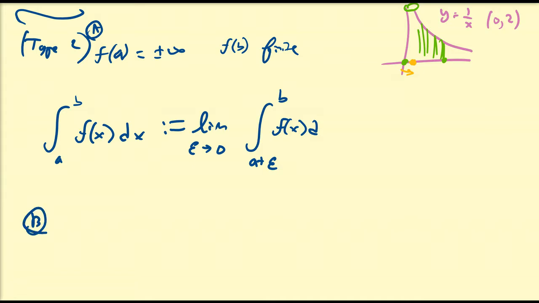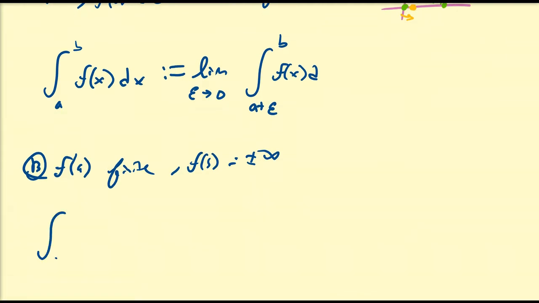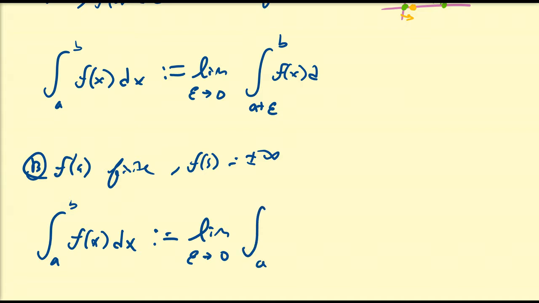Case B, let's assume f of a is finite, and f of b is infinite. If that's the case, we're going to define the improper integral of f of x dx to be equal to the limit as epsilon goes to 0 of the integral from a to b minus epsilon of f of x dx.